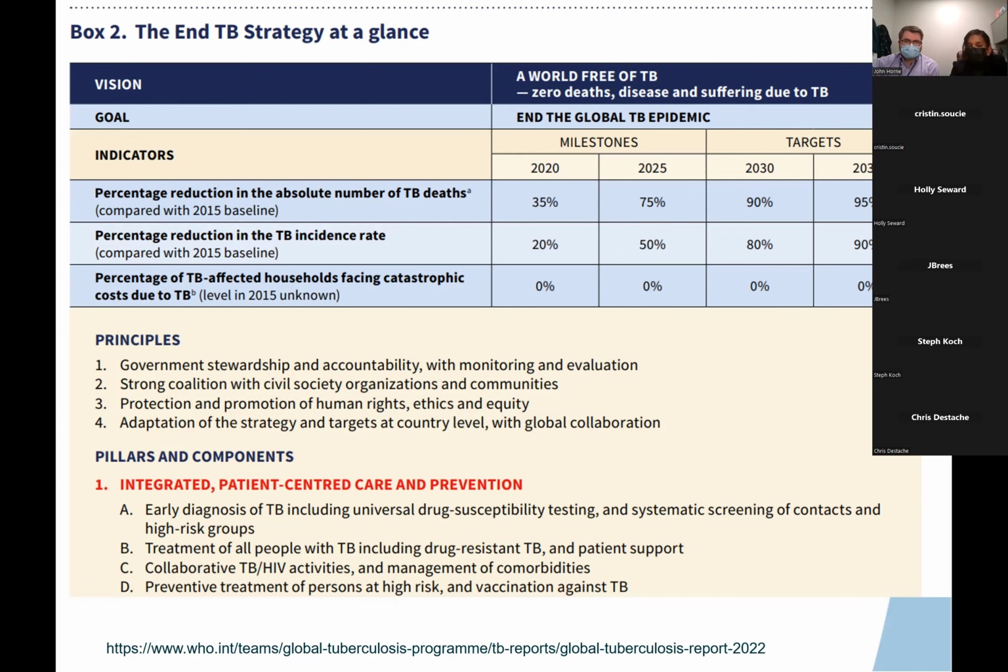The big principles they're using worldwide are government stewardship and accountability with monitoring and evaluation, so all the governments are being held accountable; a strong coalition with civil society and communities, with healthcare workers and community workers all working together; protecting and promoting human rights, ethics, and equity; and adoption of strategies and targets that you can scale up to help folks with TB.